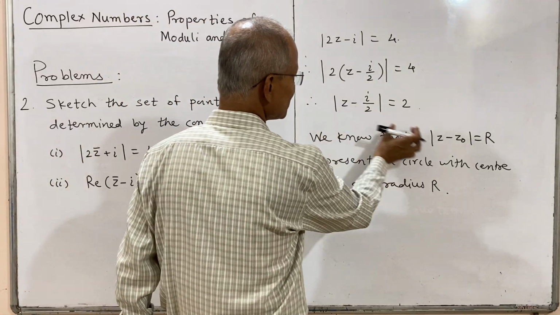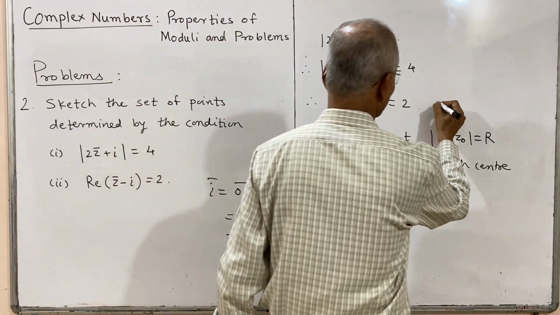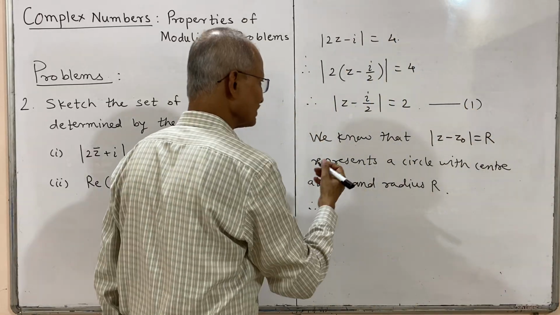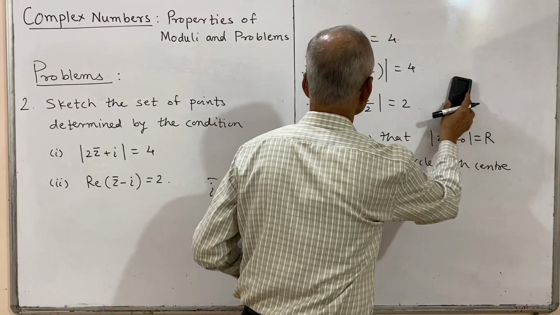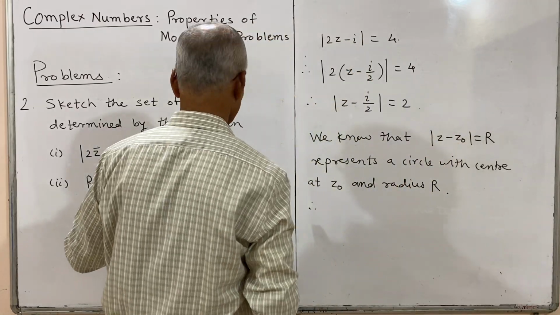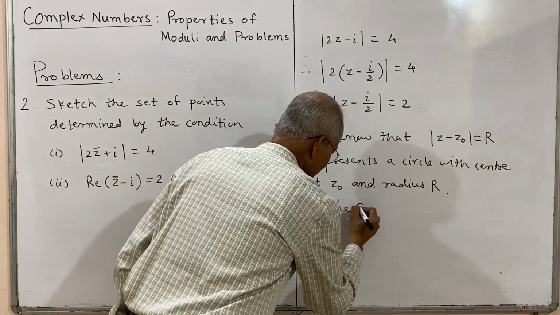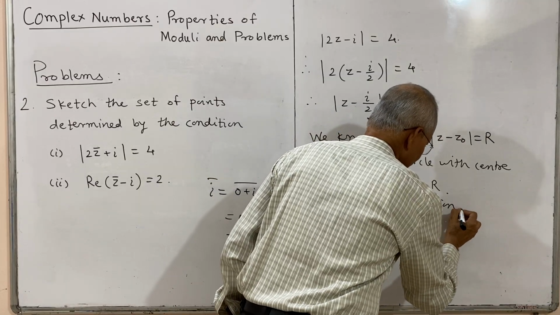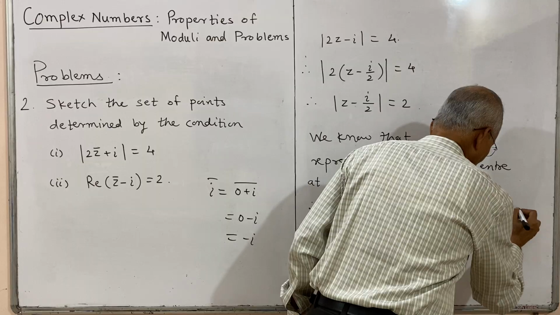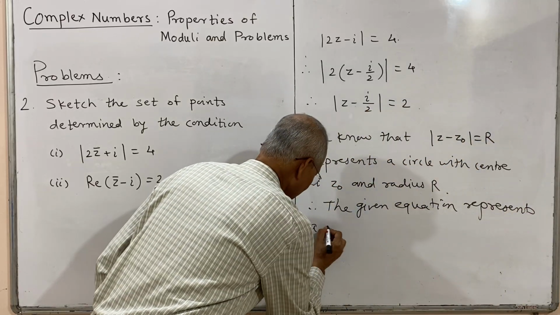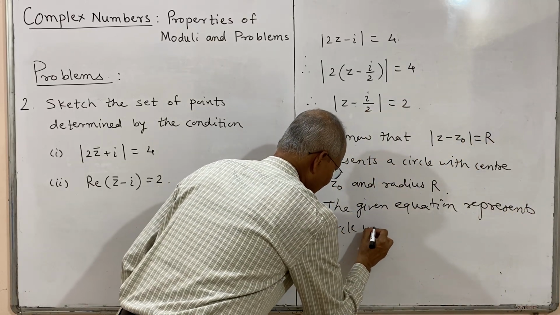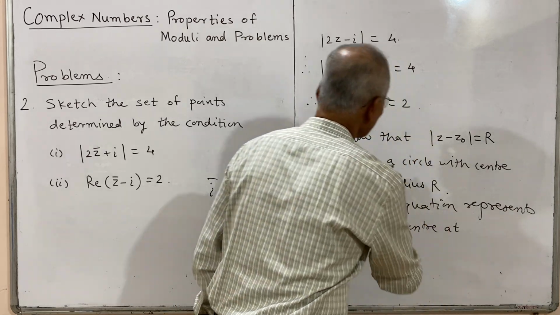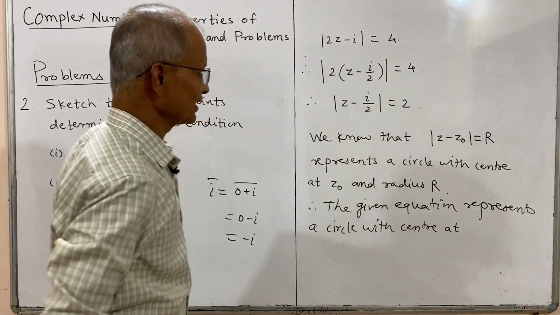So comparing these two equations, the given equation represents a circle with center at this point z naught, that is minus i by 2.